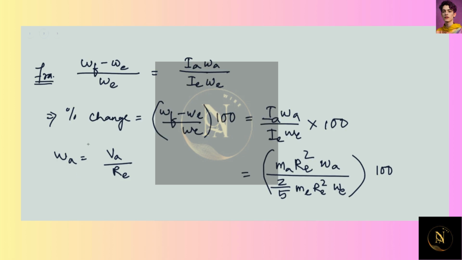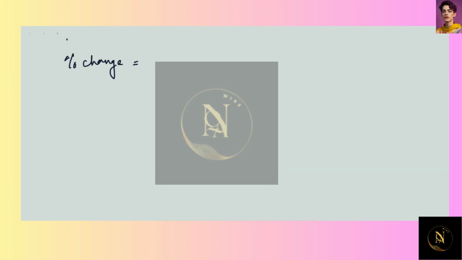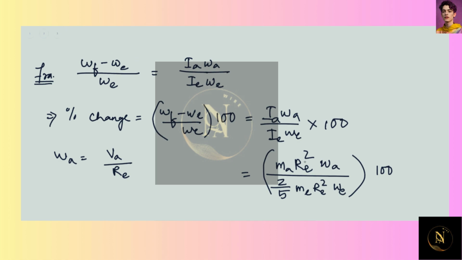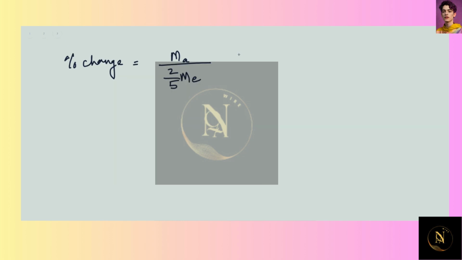We simply substitute this omega A to get the percentage change to be equal to mass of the asteroid over 2/5 mass of Earth. The Re squared terms cancel, and we have V over Re for omega A and 1 over omega E, times 100.